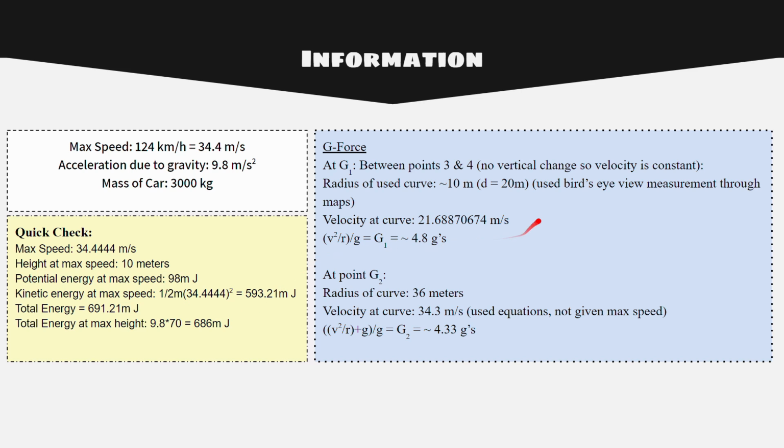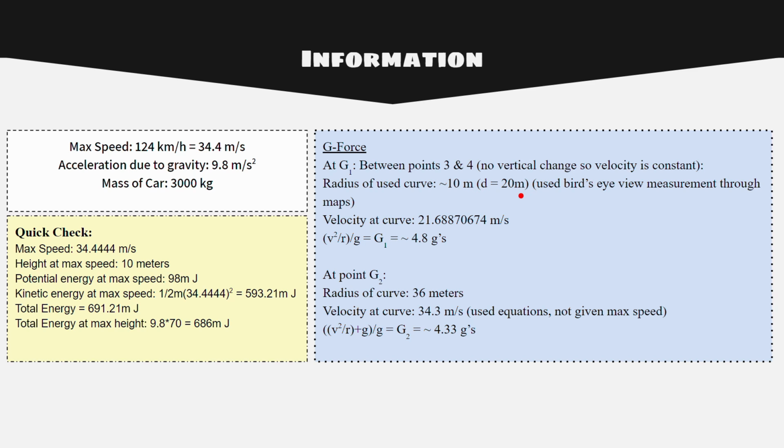The radius, okay, so there is no vertical change in the first curve here, which is at 3. So basically, using Google Maps, you can measure the distance, which was 20 meters from one end to the other of the circle which forms the curve.